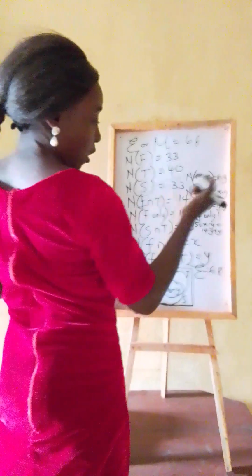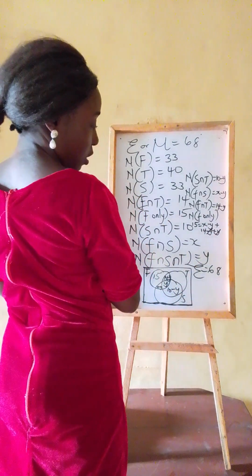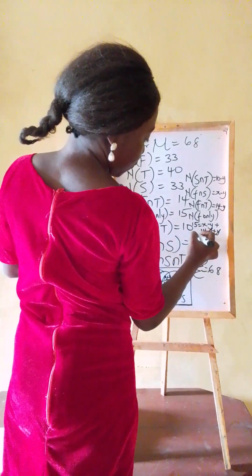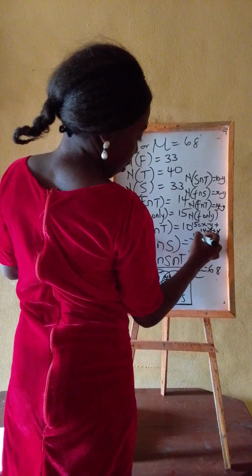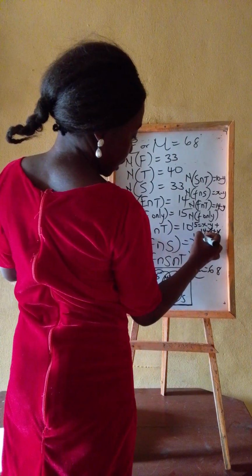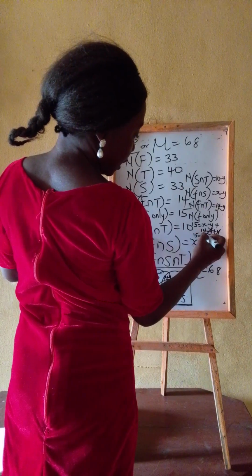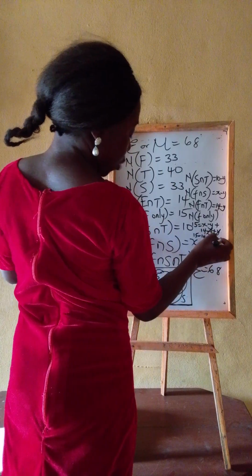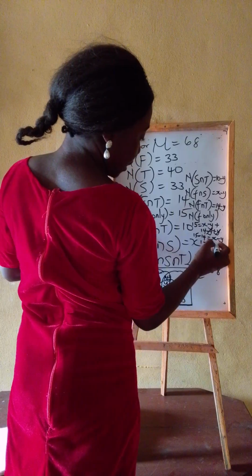Can you see? So this cancels this. So we have 15 minus 14 equals x minus y. So 1 equals x minus y.